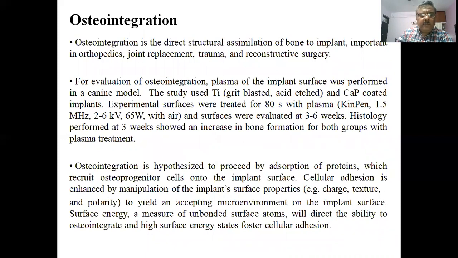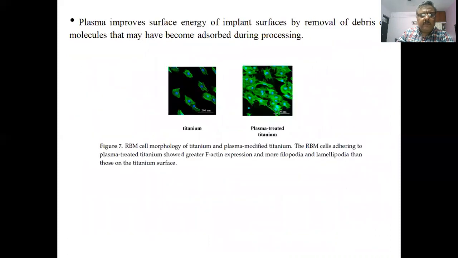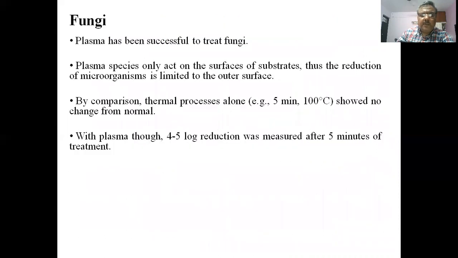The cellular adhesion is enhanced by manipulation of the implant surface properties to yield an accepting microenvironment on the implant surface. The plasma improves surface energy of implant surfaces by removal of debris or molecules that may have become absorbed during processing. Fungi: the plasma has been successful in treating fungus.